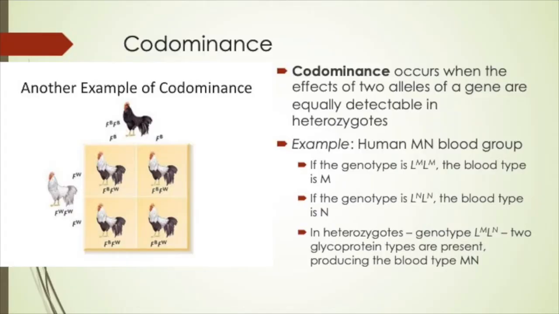Codominance occurs when the effects of two alleles of a gene are equally detectable in the heterozygote. So sometimes you have two dominant alleles that are showing at the same time. An example is the human MN blood group, a glycoprotein in blood types.